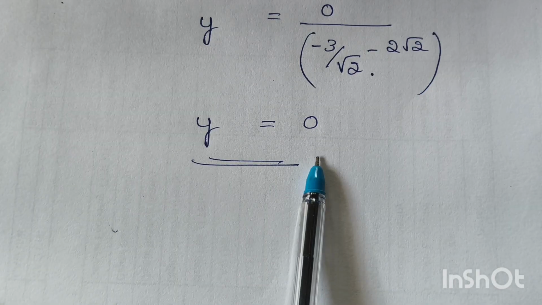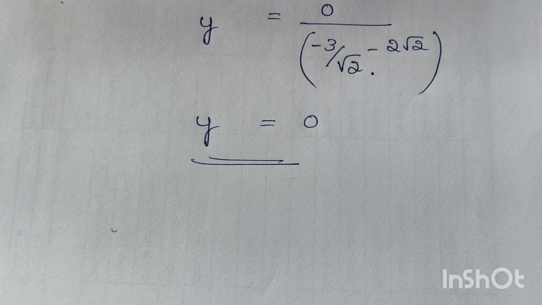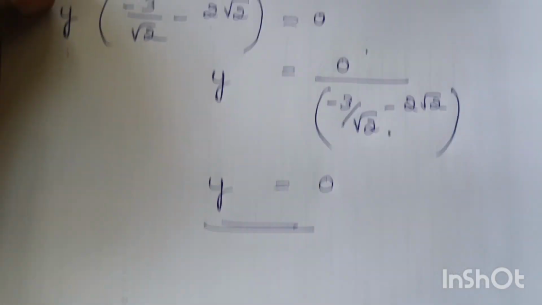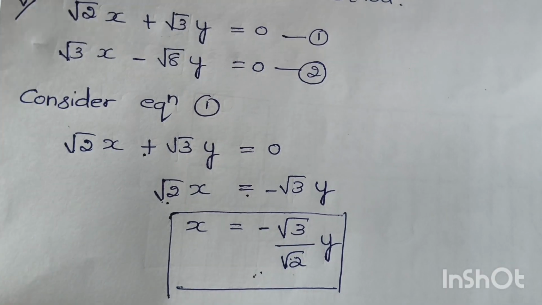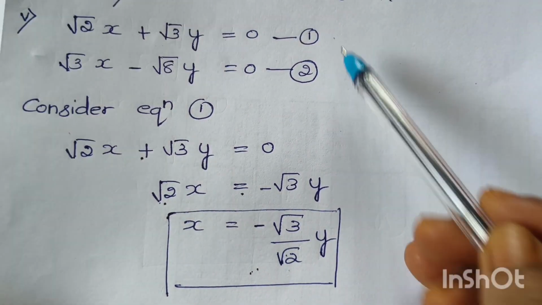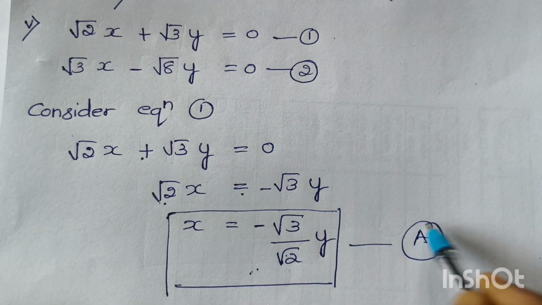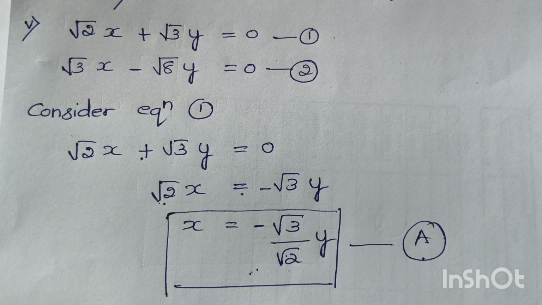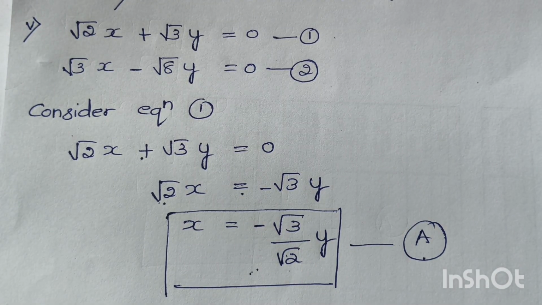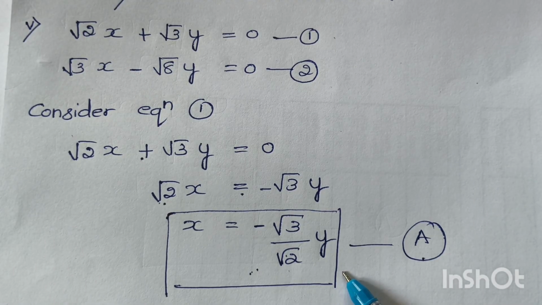This y equal to 0 we can substitute in any of these equations. Let me consider this one as equation A, so that we get the value of x. Let me substitute the value of y in this one.